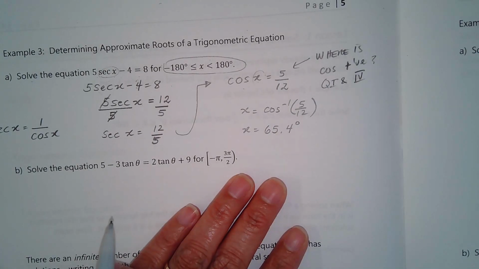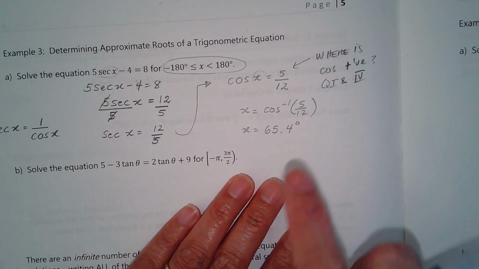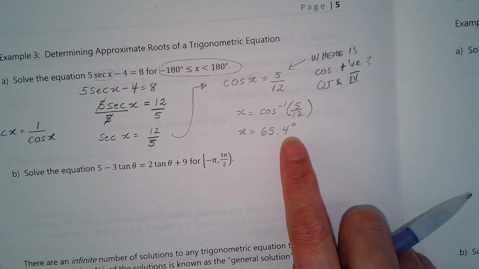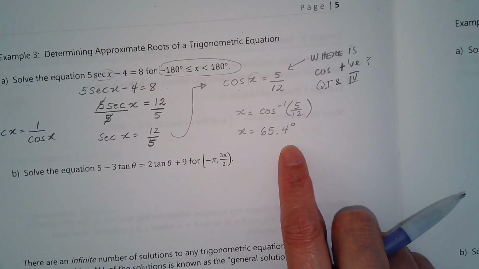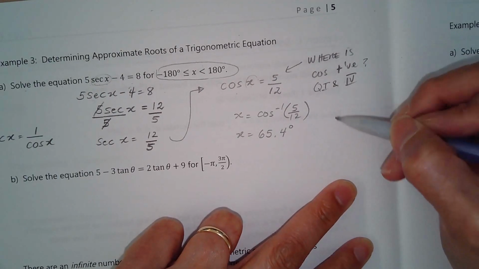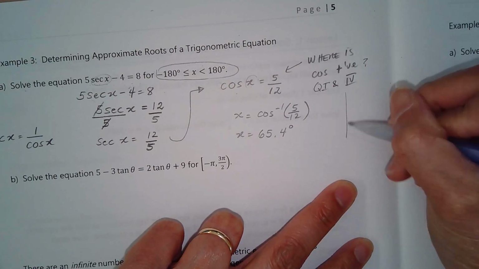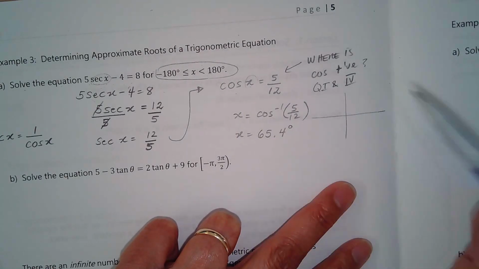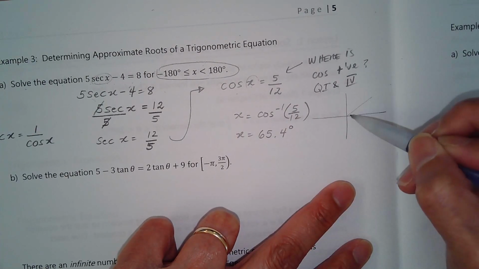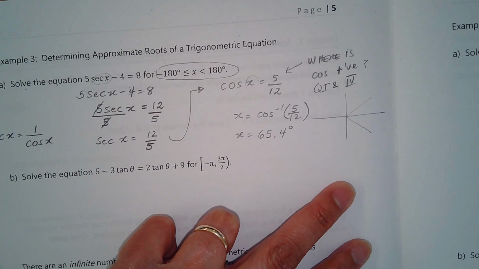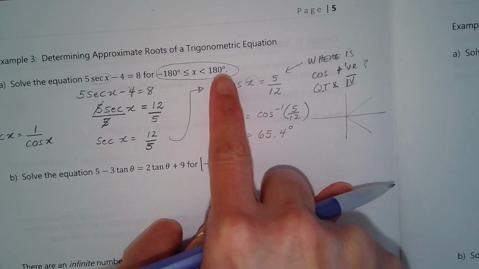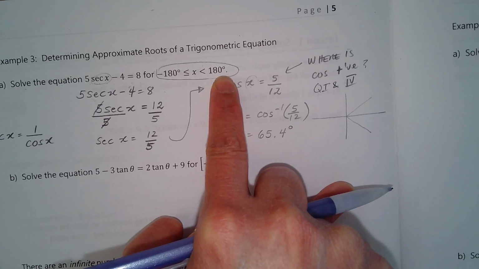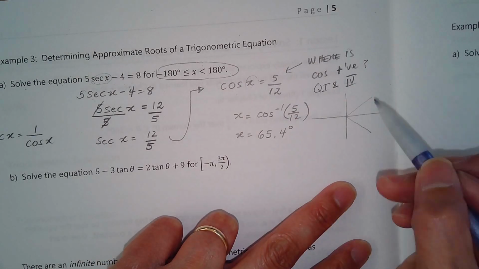This is our reference angle. Our angle is supposed to be in quadrant 1 and quadrant 4, but look at our restriction here. Which quadrants are we operating in?